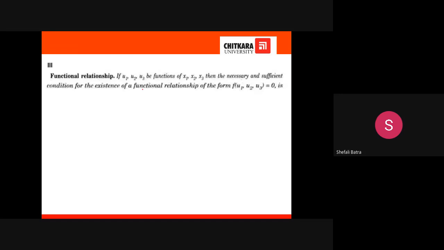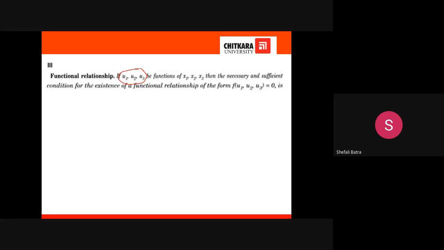Property number 3. If u1, u2, u3 are functions of x1, x2, x3, the necessary and sufficient condition for the existence of a functional relationship of the form f of u1, u2, u3 equal to 0 is this: we need to check whether they are functionally dependent or independent. If they are dependent, there must be some relation. If they are independent, there is no relation between them.